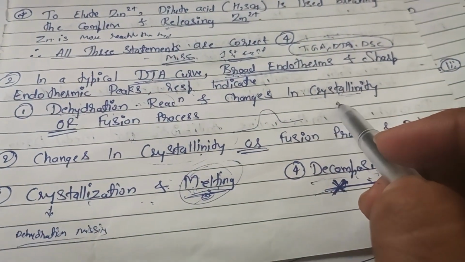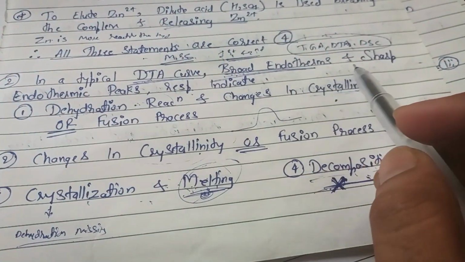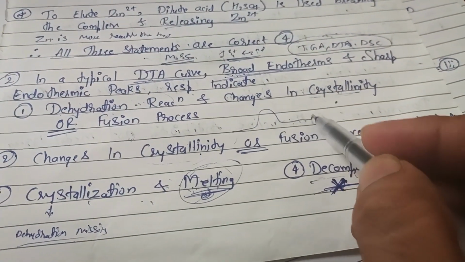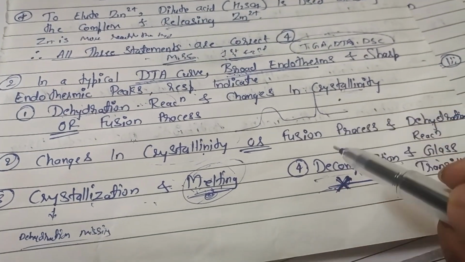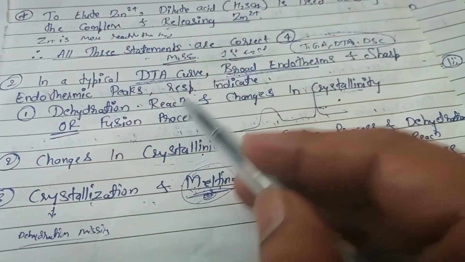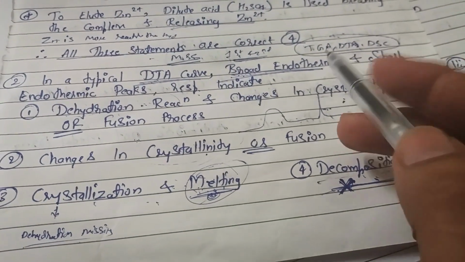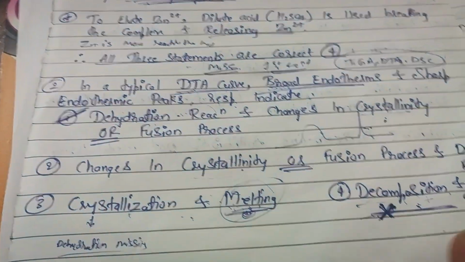Next there will be crystallinity, meaning recrystallization changes take place, hence there will be the sharp peak. So for dehydration it will be broad, and for crystallinity it will be sharp. So the first option will be the right answer.